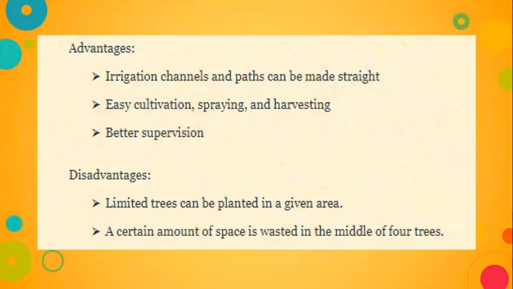The advantages are irrigation channels and paths can be made straight, easy cultivation, spraying and harvesting, and better supervision. For the disadvantages, limited trees can be planted in the given area, and a certain amount of space is wasted in the middle of the four trees.